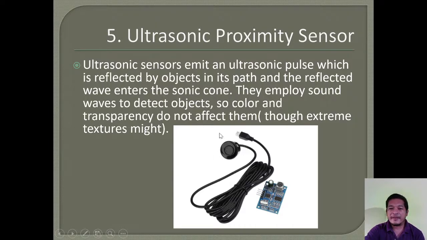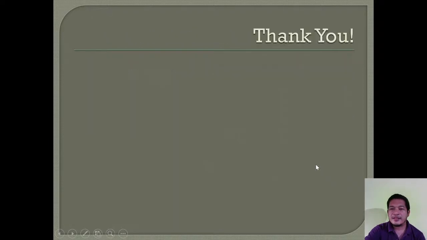They employ sound waves to detect objects, so color and transparency do not affect them, though extreme textures might. So it can still detect plastic or glass. But if there are thick walls, the sound wave cannot pass through. So, that is the proximity sensor.